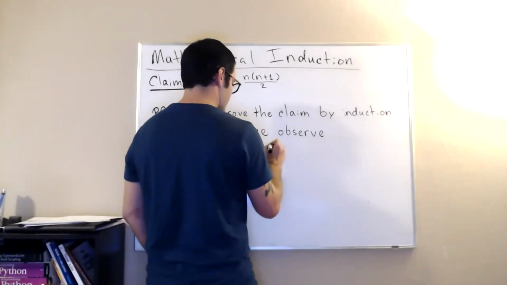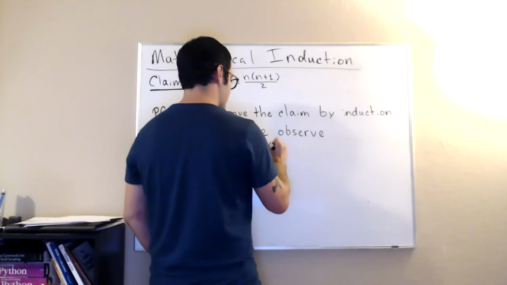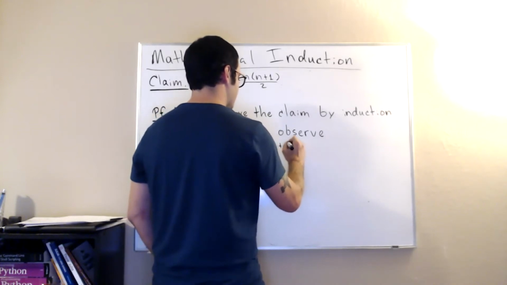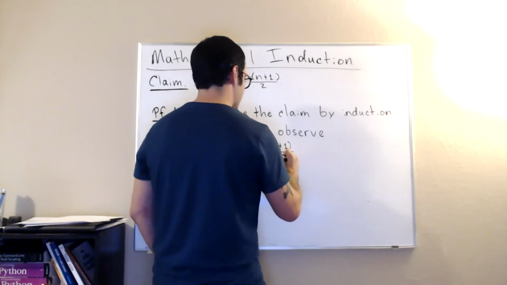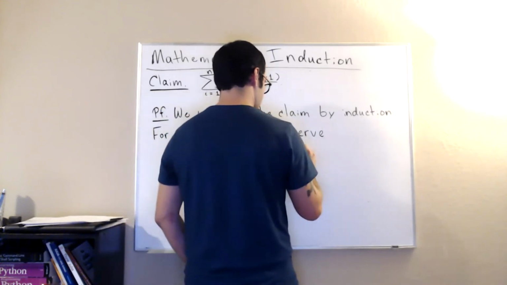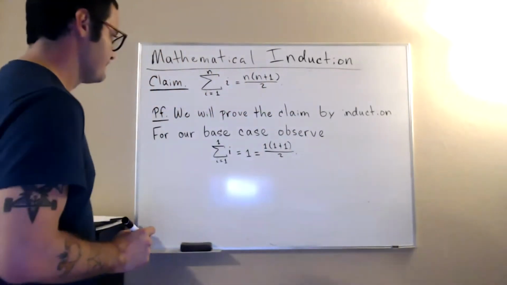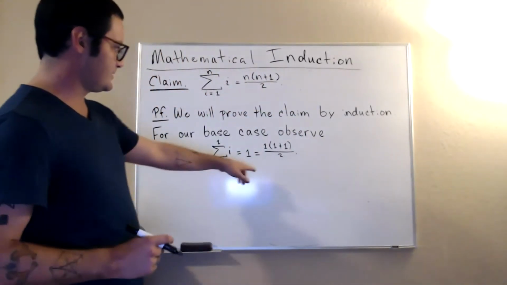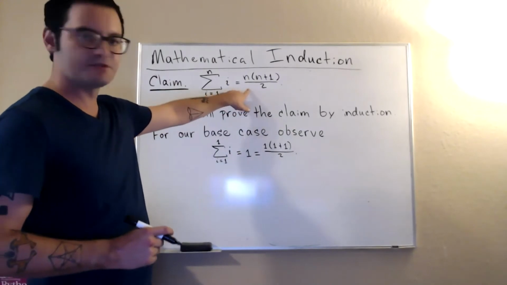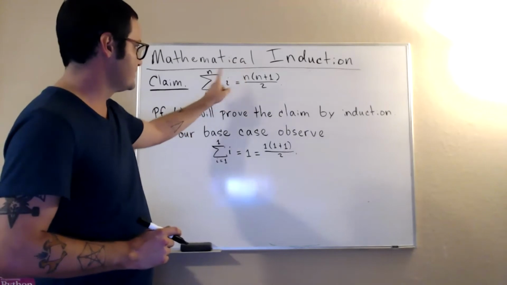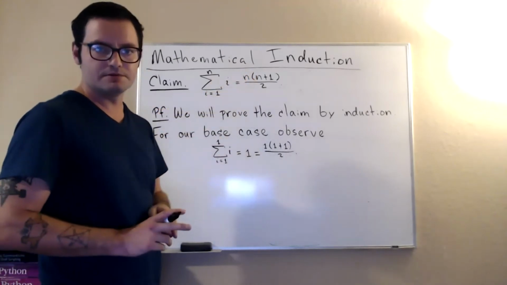And this is equal to 1 times 1 plus 1 over 2. So everyone sees that if this is the propositional function of n, if you plug in a 1 on this side and a 1 on that side, they do equal.